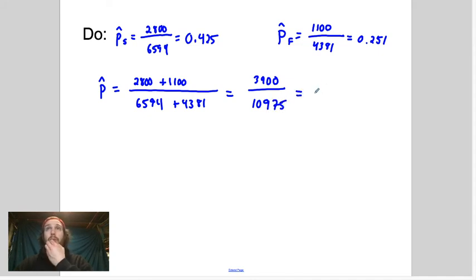So we get a pooled p-hat of 0.355. And that's what we're going to use.